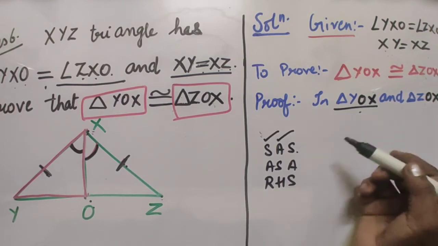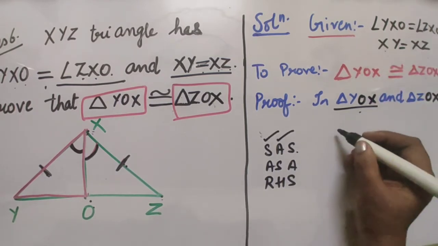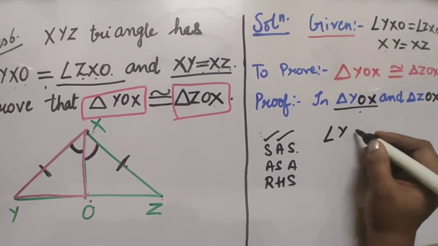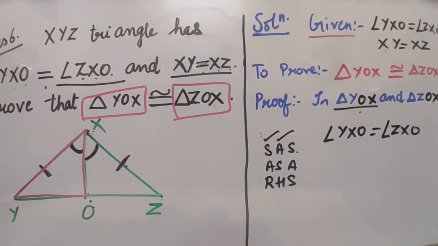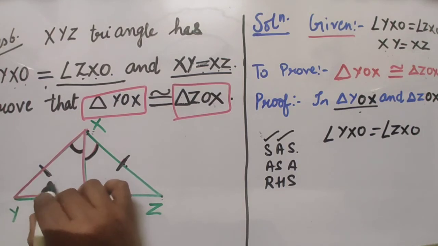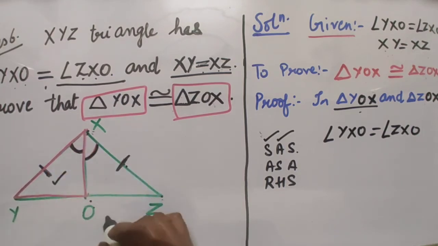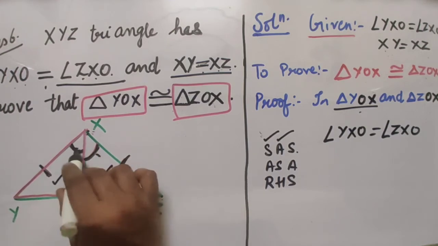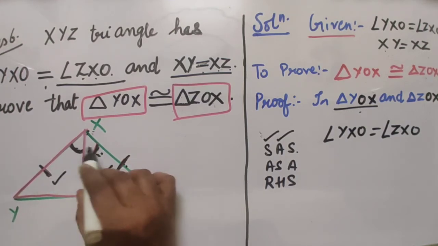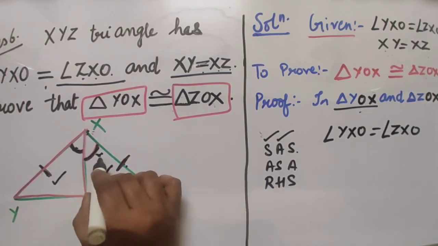First of all, write what we have. We have angle YXO equals angle ZXO, which we can see in the figure. Of this triangle, this angle, and of this triangle we have this angle. They both are equal to each other, and you can see they are corresponding as well.